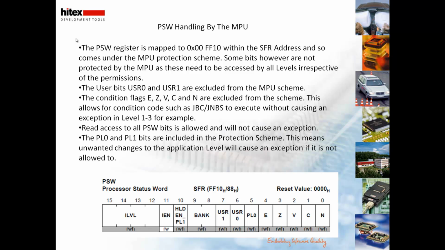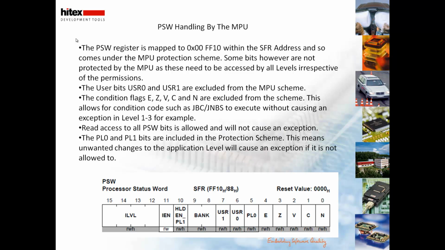Another potential issue is that if we want to go from level 1 to level 3, I have to write a 0 into PL0, and I have to write a 1 into PL1. And the issue there, of course, is that as I write a 0 into PL0, the level changes from 1 back to 0, and then when I write a 1 into PL1, the protection range actually changes from 0 to 2.